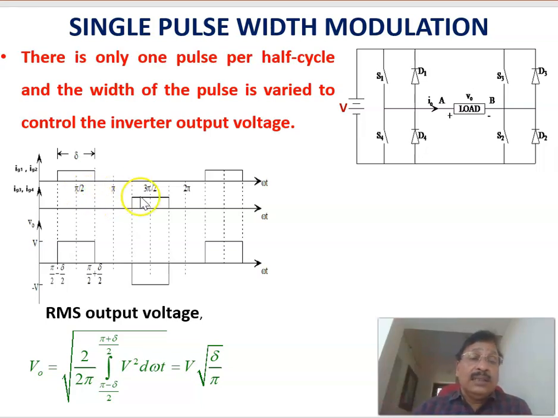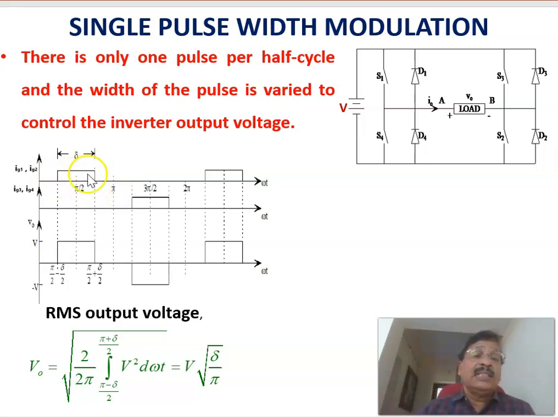And of course, the frequency of the output voltage can be changed by changing this duration. For example, if you want a fundamental output frequency equal to 50 Hz, then you have to select 0 to 2 pi as 20 milliseconds. Therefore, here pi equals 180 degrees, that is 0 to 180, which is equal to 10 milliseconds.